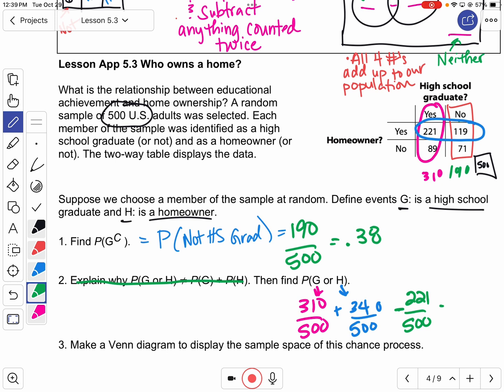So we subtract it, and that gives me 429 out of 500. My decimal is 0.858. If anything is counted twice, we have to take it out. That's important.